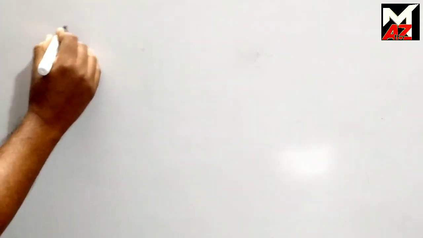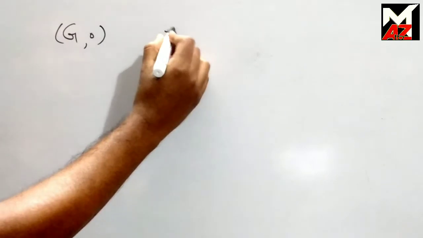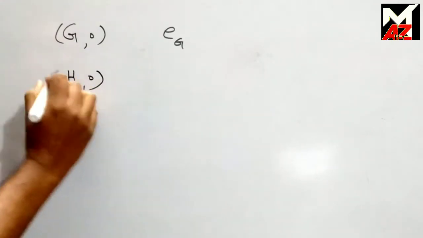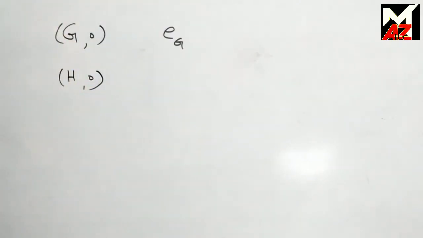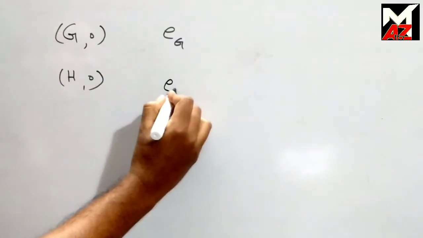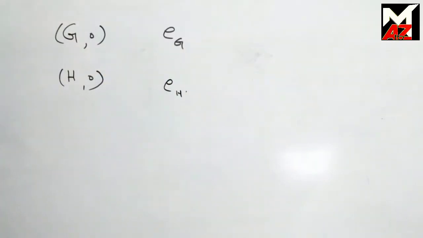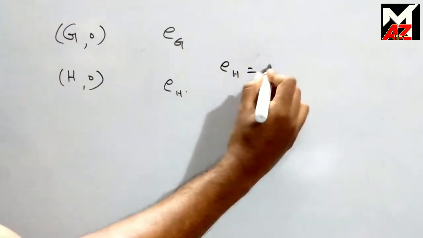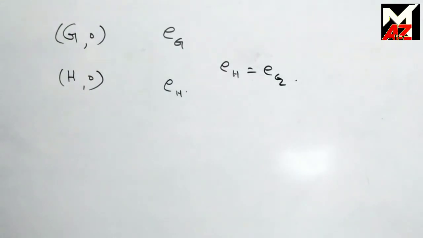It is important to notice that if in a group G circle, EG is the identity element and H circle is a subgroup of G circle, then in H circle, if EH is the identity element, we must have EH and EG are the same.